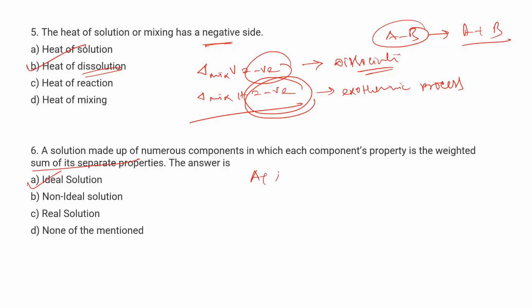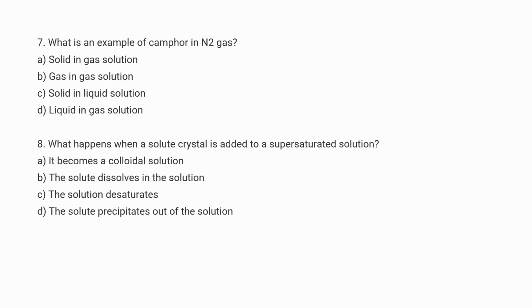Already I have said that the volume will be the sum of the components. The total volume will be the sum of the volume of each component. So that is the thing. Now, what is the example of camphor in nitrogen gas? If you think, it will be a very interesting thing.